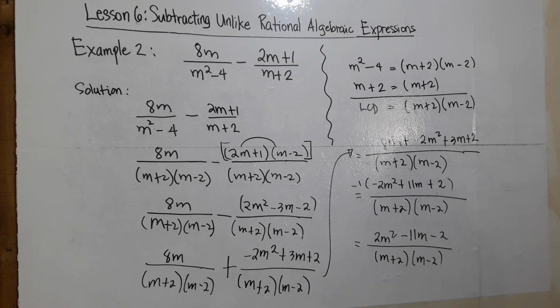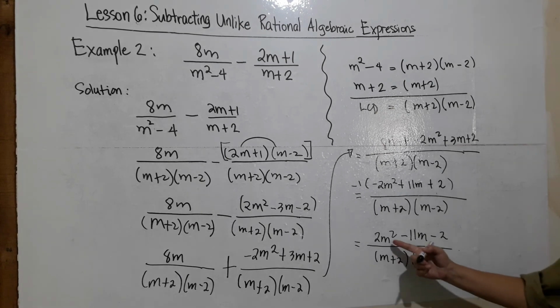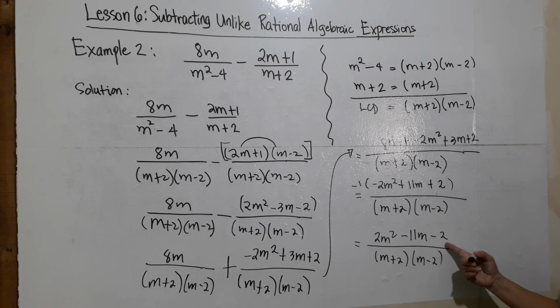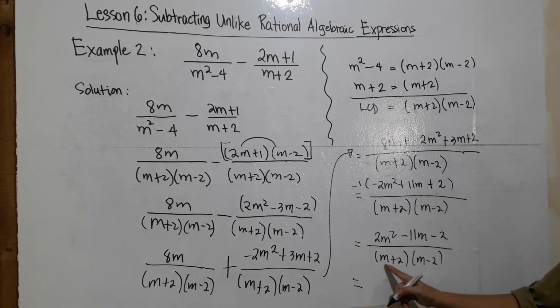Do you think this is not yet prime? Is this factorable? What do you think? What are the factors of 2 here? Okay, you can try actually later in your notebook if it is. But as I can see, it's already prime. So therefore, we are going to end up here, or we can multiply this again.